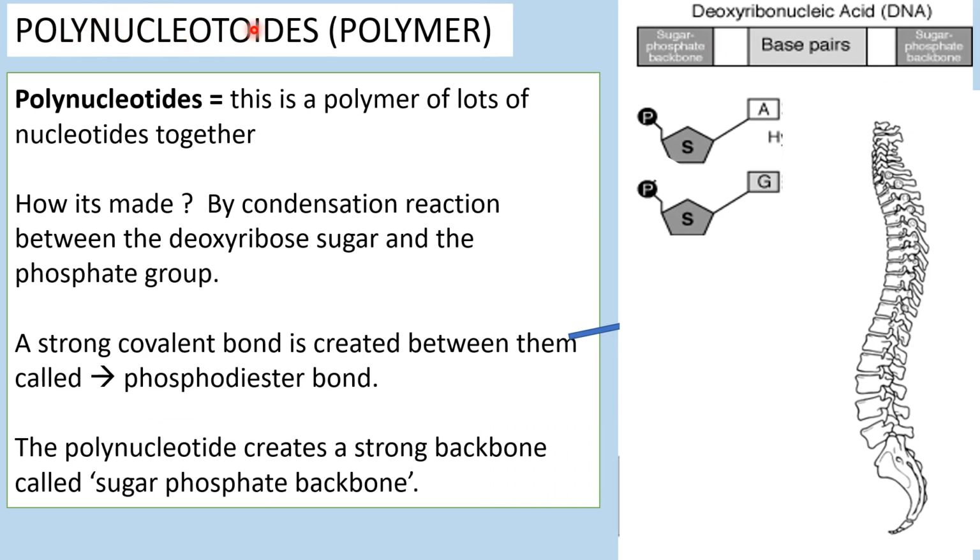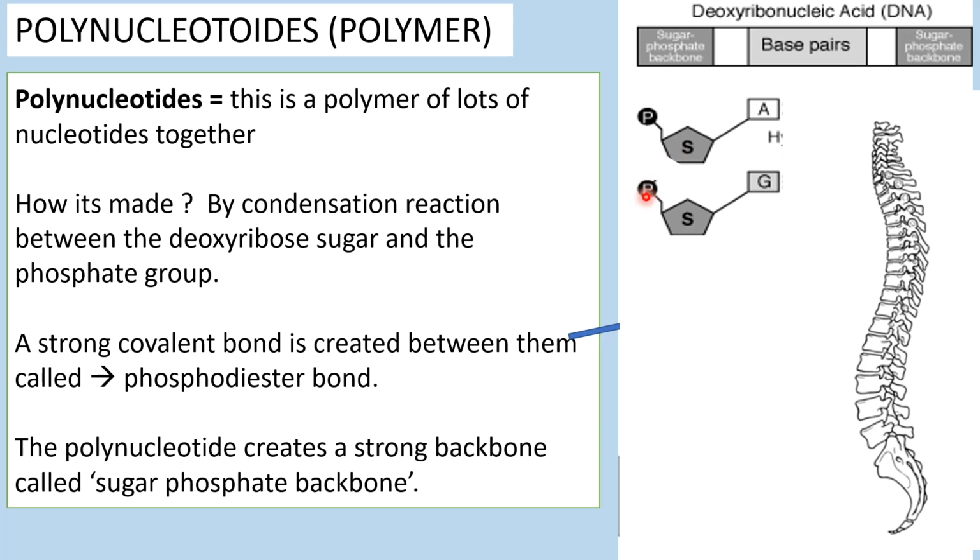Polynucleotide, lots of nucleotides attached together, is a polymer, and this polynucleotide is also called our DNA. Over here I'm showing you one monomer. This is a phosphate attached to a pentose sugar, deoxyribose, and we have the base adenine. Let's say another monomer, another nucleotide. There's going to be a bond. They will join together.